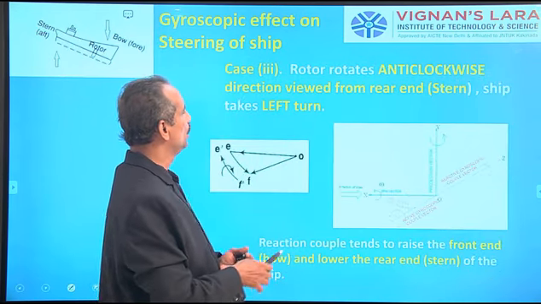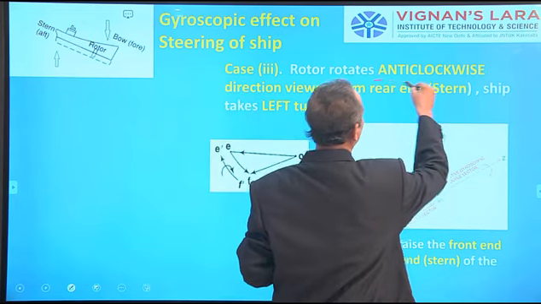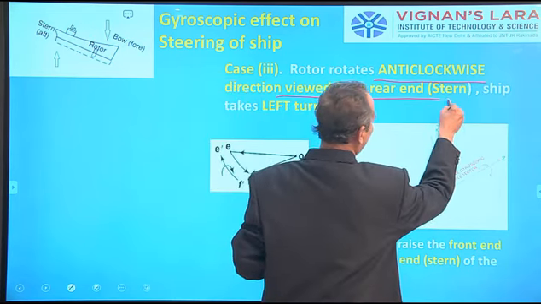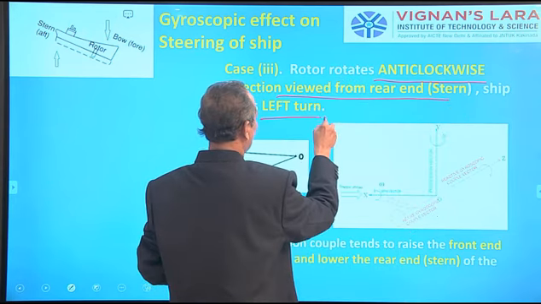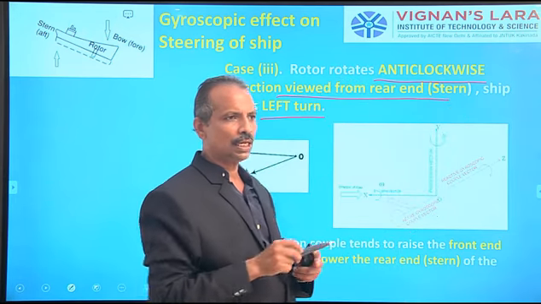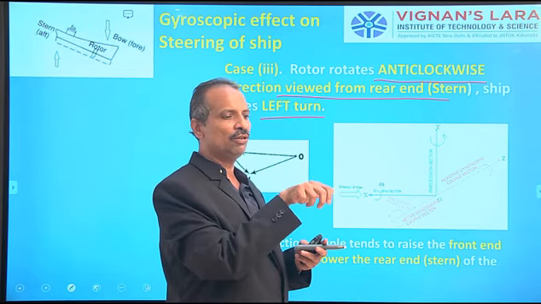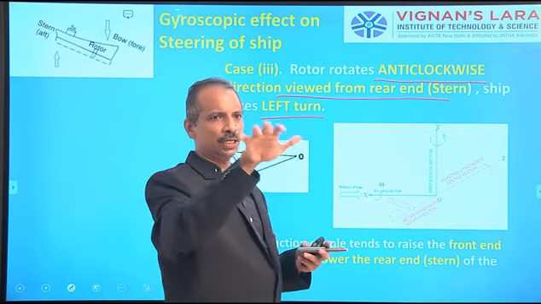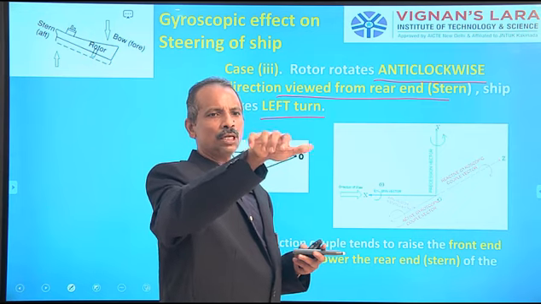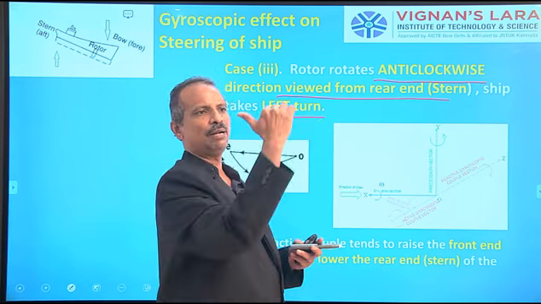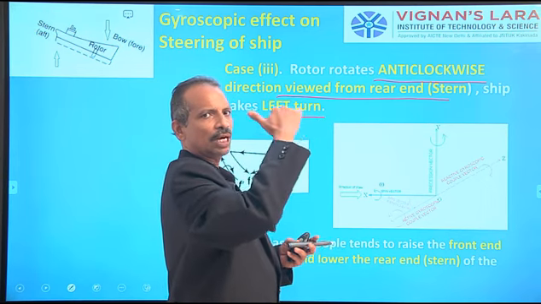Case 3. Rotor rotates anti-clockwise and once again look from the rear end, taking a left turn. The difference is now the rotor is rotating anti-clockwise, looking from the rear end. Look here, this is my right hand. Earlier I said rotating clockwise. Now I am telling it is rotating counterclockwise.